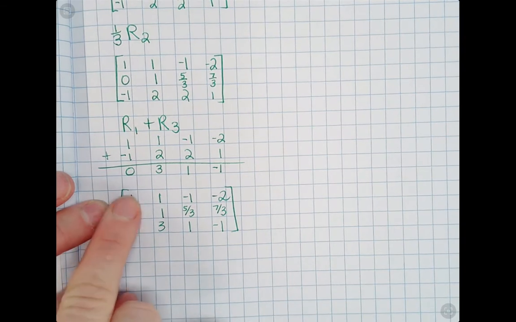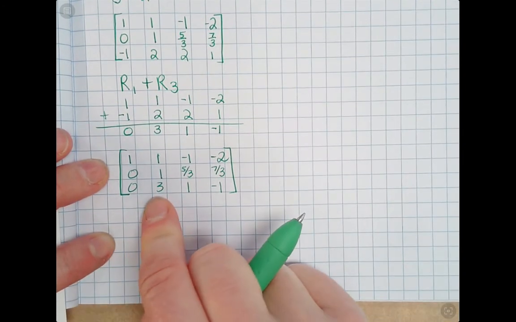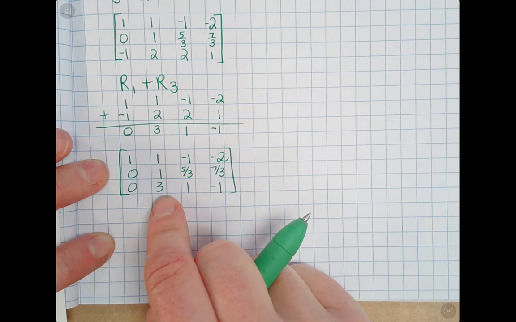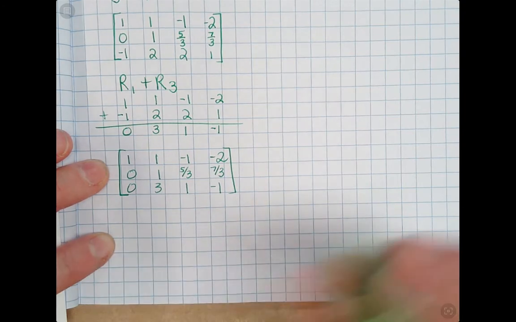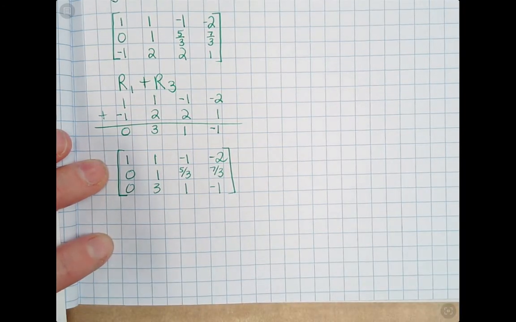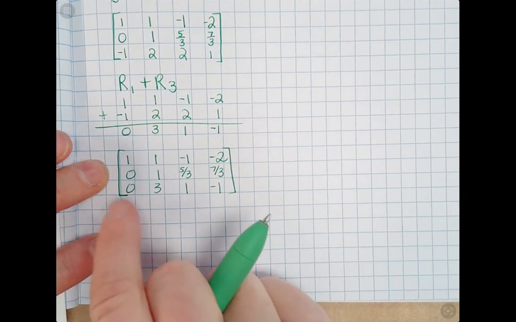Okay, I have diagonal 1s, but I don't have a 0 right here on this 3. So I need to be able to multiply or add this 3 to something to make it a 0. So I need a -3. So what could I do to one of these?